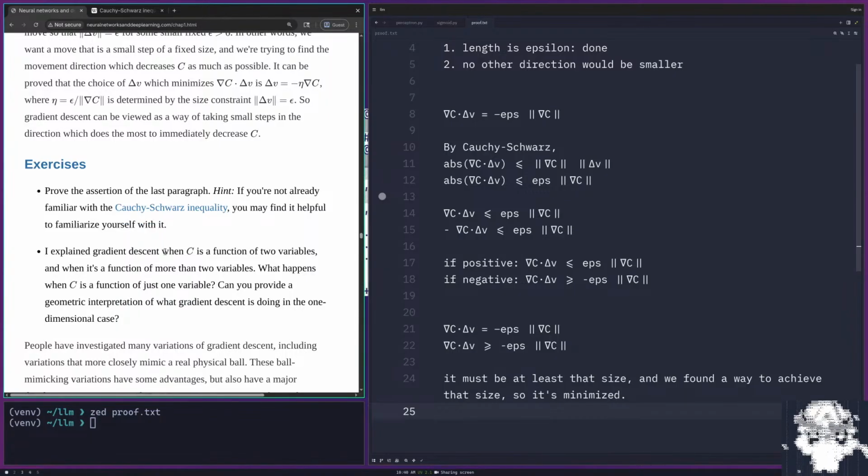I explained gradient descent when c is a function of two variables, and when it's a function of more than two variables, what happens when c is a function of just one variable? I read that in a weird way, but you get it. Can you provide a geometric interpretation of what gradient descent is doing in the one-dimensional case? Yeah, when you zoom way in, instead of seeing a plane, you see a line.